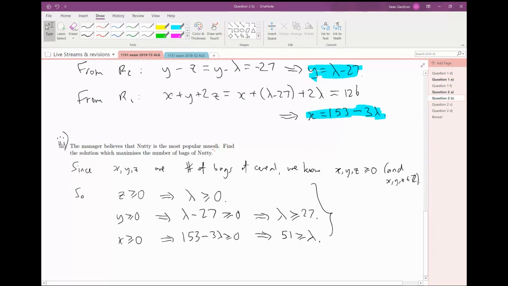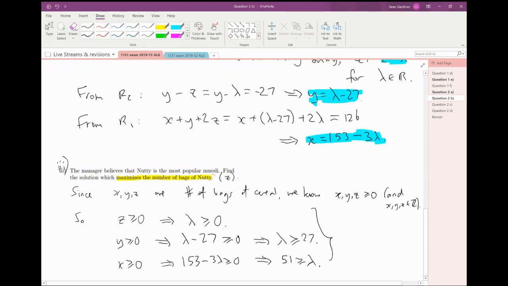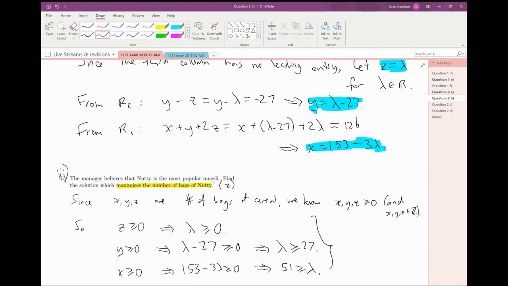Okay, so these are my 3 restrictions on the parameter, and I want to combine them into one. There are a few ways you can go from this point, right? The big question, the thing we're trying to answer, is we want to maximize the number of bags of nutty, which is to say, we want to maximize z, right? And because of the way that we went about this question, we set z to be lambda. So maximizing z is the same problem as maximizing lambda, the parameter in this case.